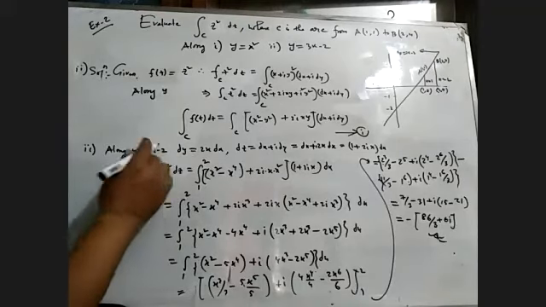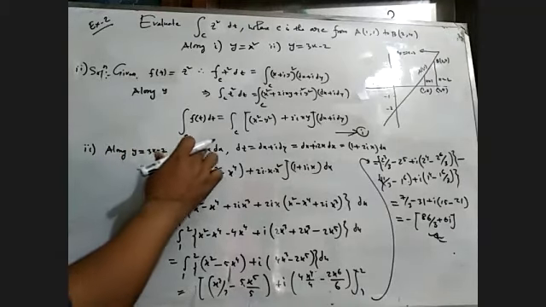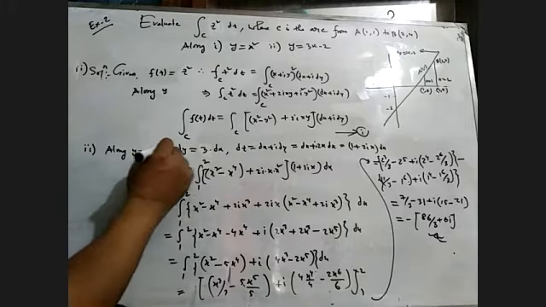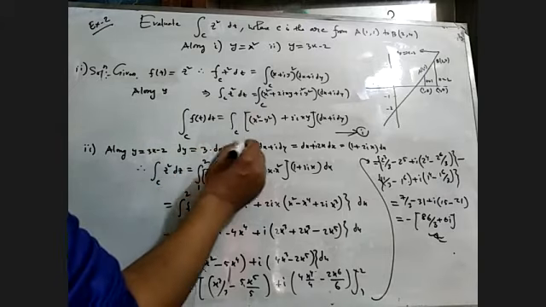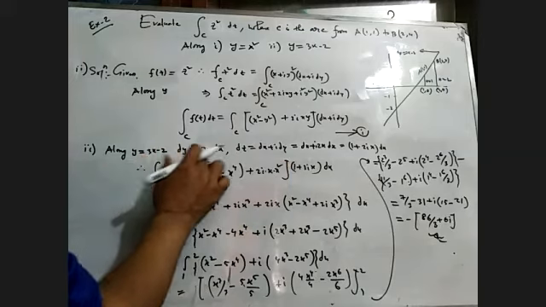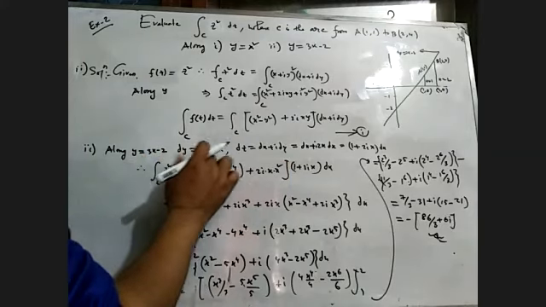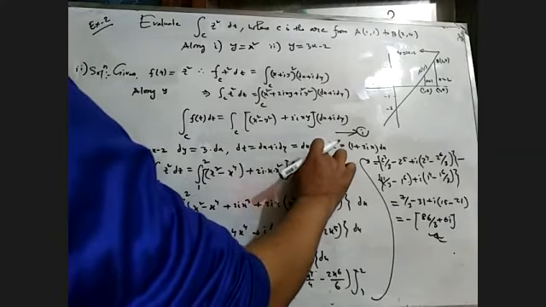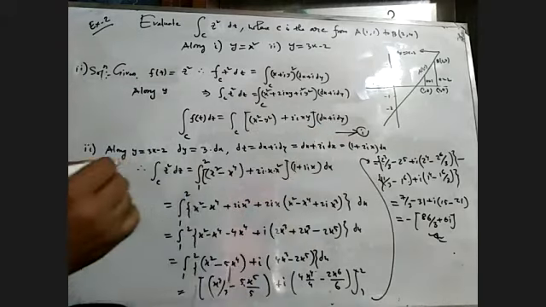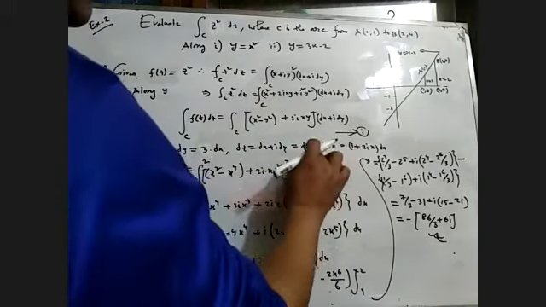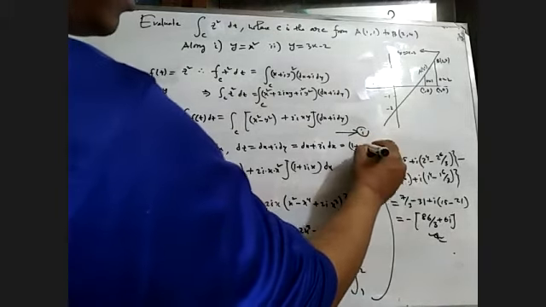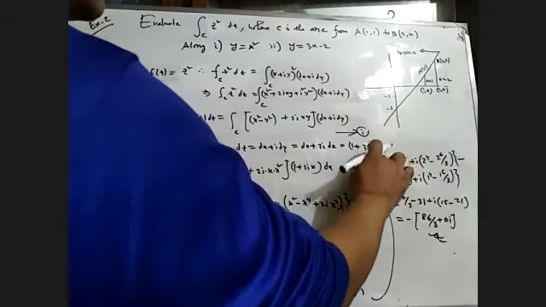So dy will be 3 dx, minus 2 will be 0 on differentiation. Similarly dz will change. dx equals dx and dy equals 3 dx, so dx will be common: 1 plus thrice i dx.